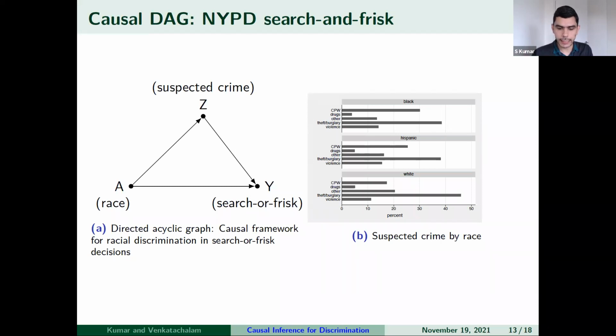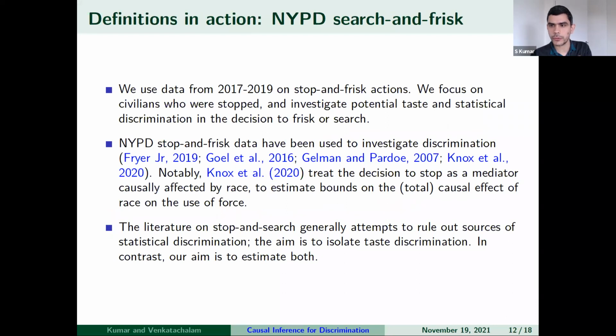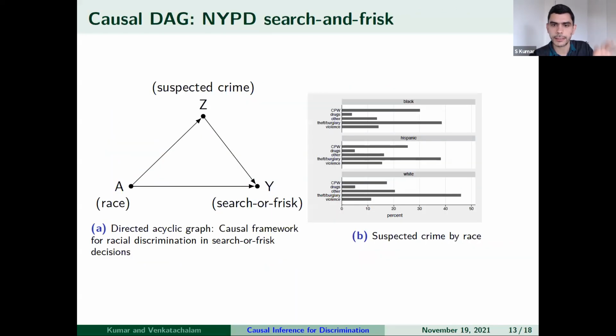So we are looking at the population of those who have been stopped, and we are considering 0-1 outcomes in terms of whether they were then subjected to a search or frisk, yes or no. So our discrimination estimate is very much around the treatment post-stop, as different from some of the literature, on whether the decision to stop itself reflects discrimination. So that's something important to specify.